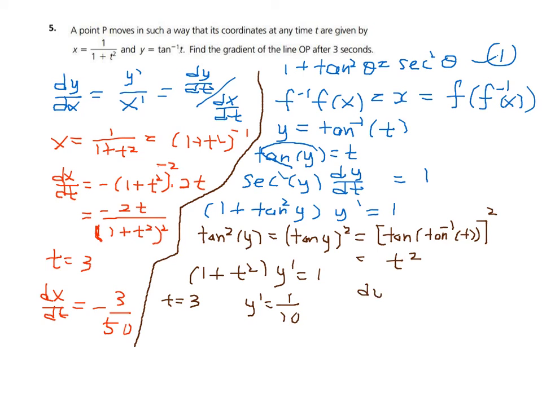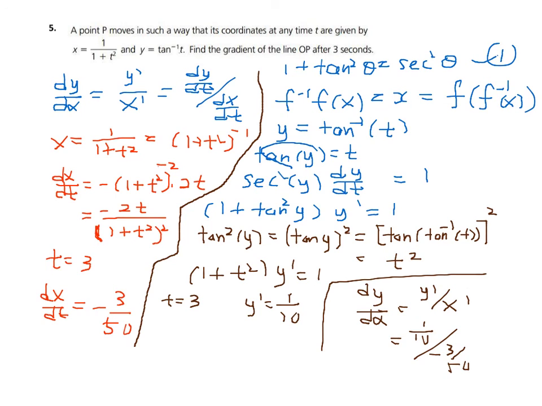And so finally dy/dx is really y prime divided by x prime. So y prime is 1 over 10, and x prime we have calculated already is negative 3 over 50, and the final answer would be negative 5 over 3.